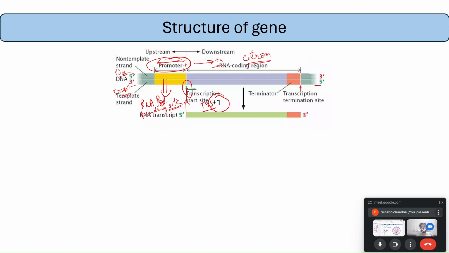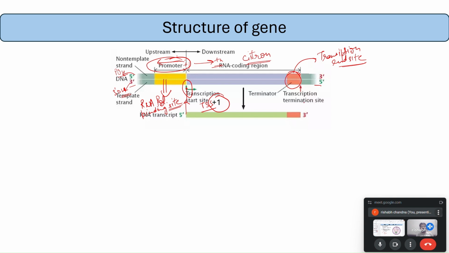Now comes the major RNA coding region, called the cistron, from which the RNA is transcribed. Then comes the terminator, which is the transcription end site. At the terminator, the RNA polymerase is removed from the DNA.